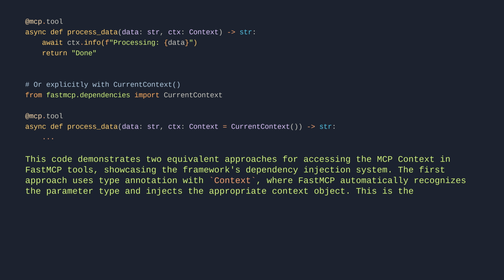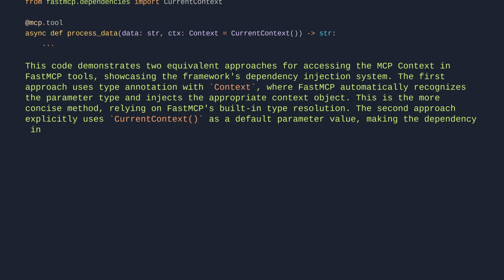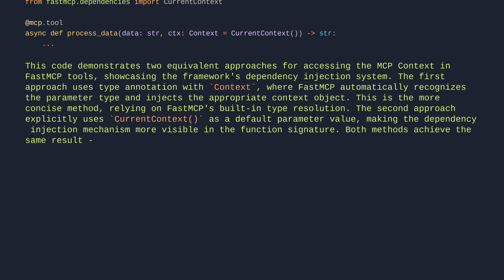This is the more concise method, relying on FastMCP's built-in type resolution. The second approach explicitly uses CurrentContext as a default parameter value, making the dependency injection mechanism more visible in the function signature. Both methods achieve the same result, providing access to MCP capabilities like logging through the context object.